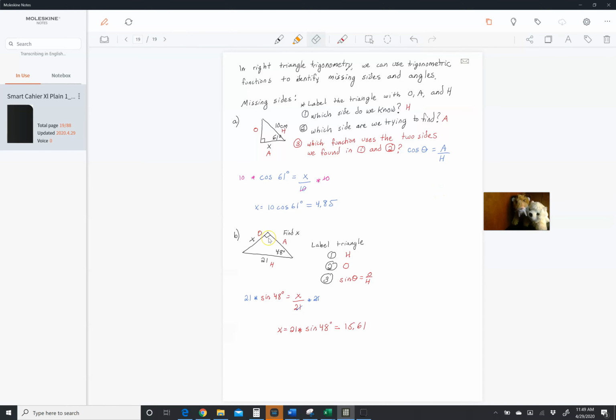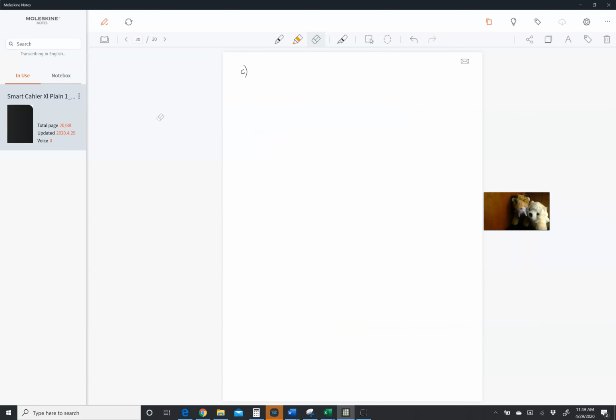Okay, let's take another one. Again, we're going to find x. Notice in all of these, we're finding missing sides. This is 22 degrees.